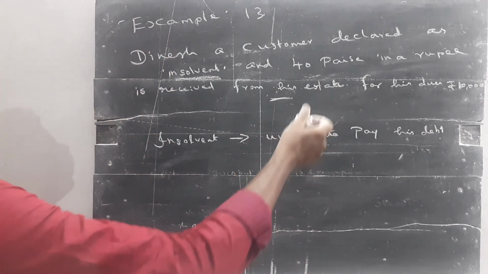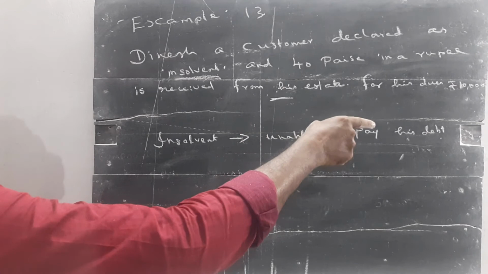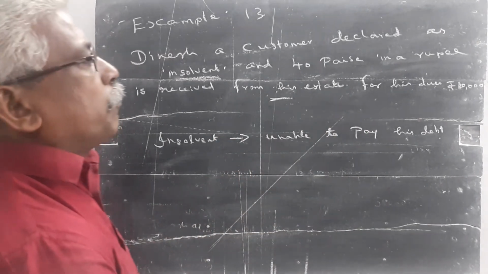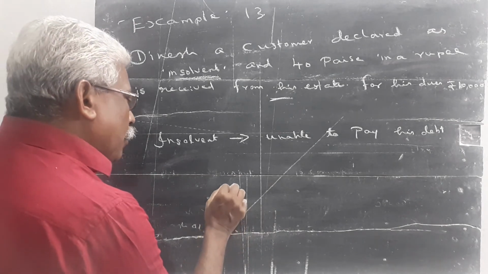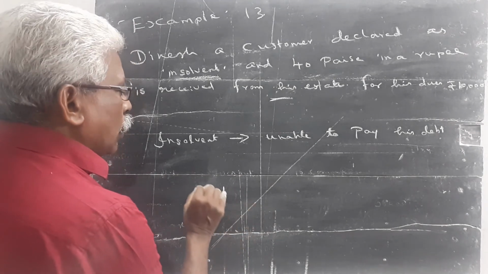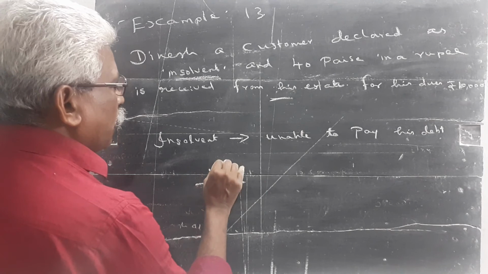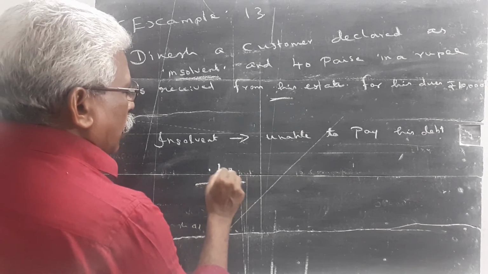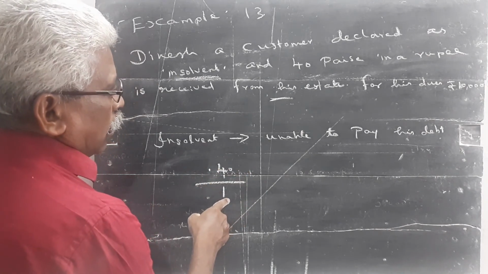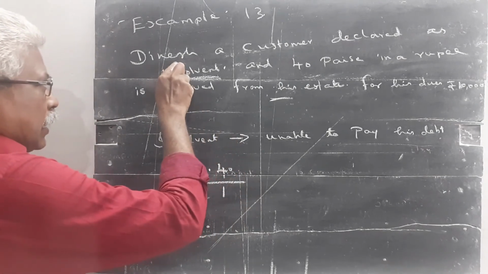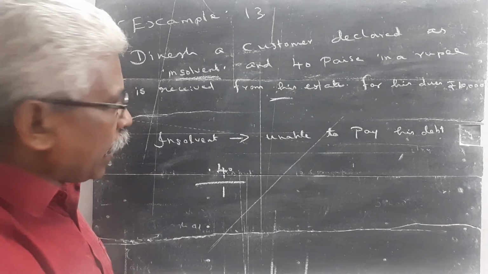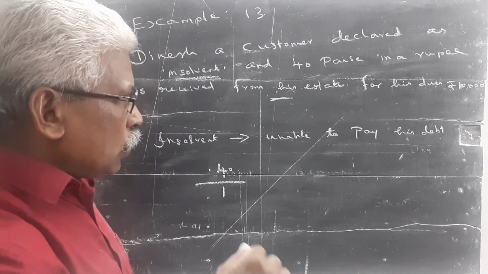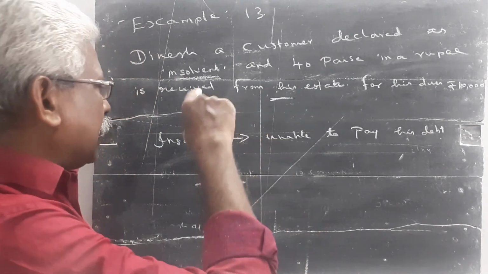Then the official receiver sells the property, and out of that, if any person is eligible to get 1 rupee, they can get only 40 paise. If Dinesh is not able to pay his debt, the court declares him insolvent.